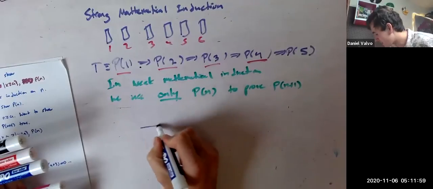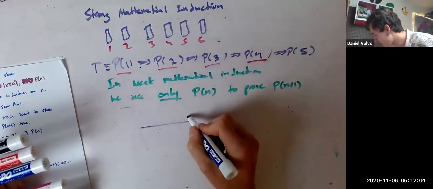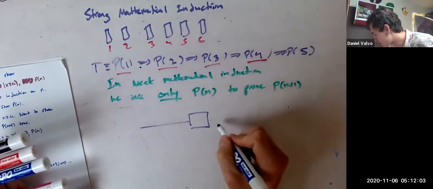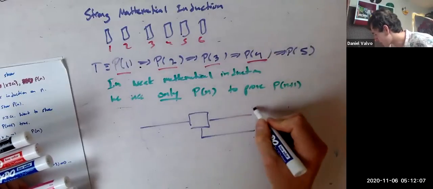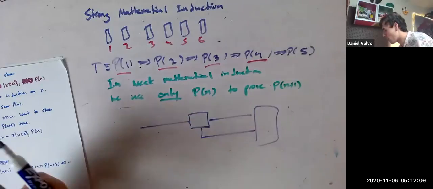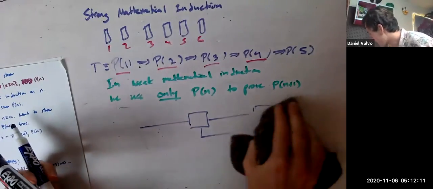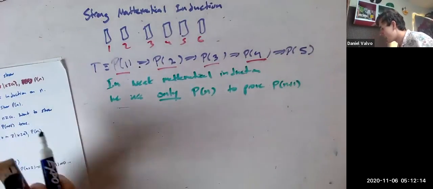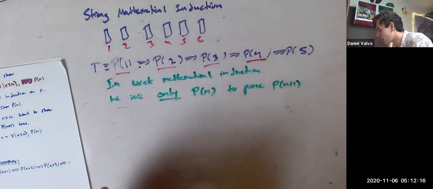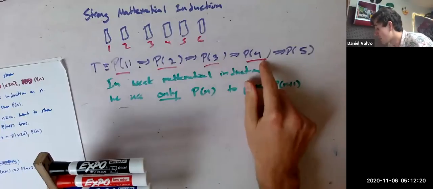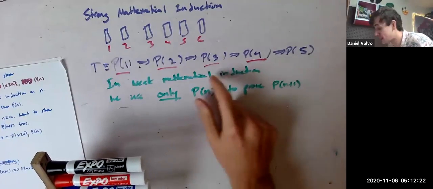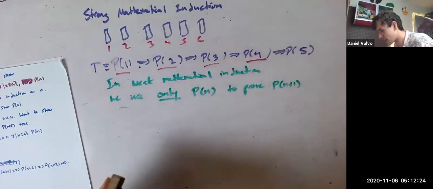Or maybe I was trying to think of wires, like 1 goes and does 2, but then to prove 3, you need both of them. I don't know. The point is, I hope you can imagine that to show the 5th case happens, it might be useful to know that not only the 4th, but also the 3rd happens, or maybe the 2nd happens, maybe the 1st happens.